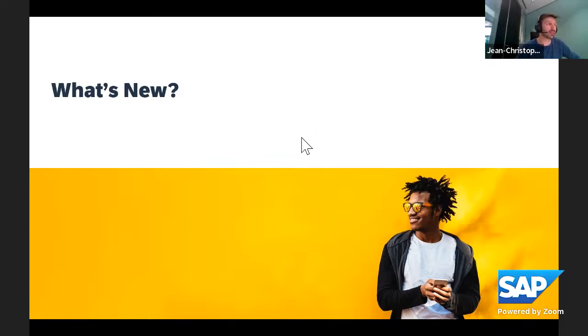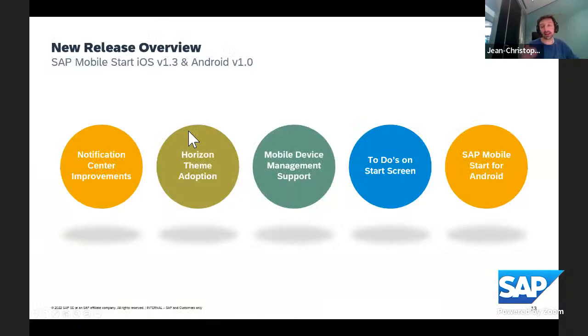What I would like to share with you today is the latest updates on SAP Mobile Start. So Robert already quickly mentioned that we had in June our latest release for SAP Mobile Start. It means we have deployed and made available SAP Mobile Start for iOS version 1.3 and as well the brand new Android version, which was, I would say, very much expected by our customers.